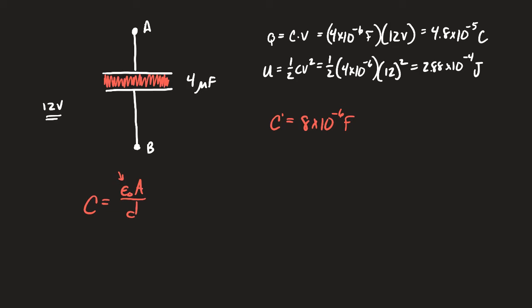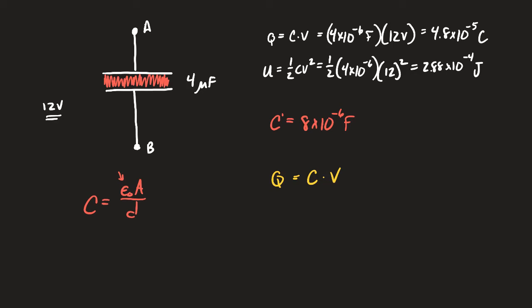But the potential difference was removed. So the moment I put the dielectric between the plates with the potential difference removed, the charge has to stay constant because the charges have nowhere to go. So if the charge stayed constant and the capacitance suddenly doubled, the potential difference suddenly went in half.